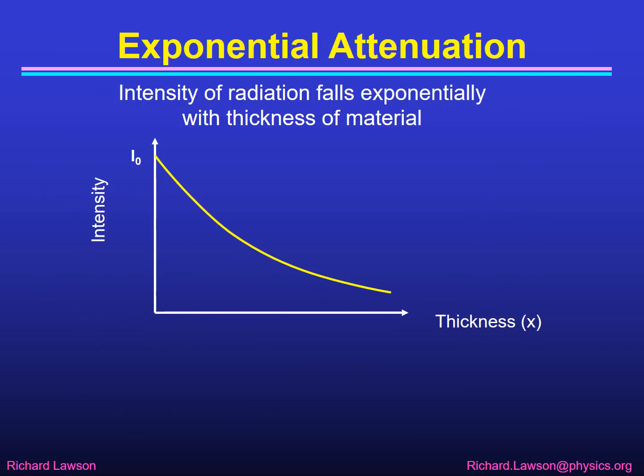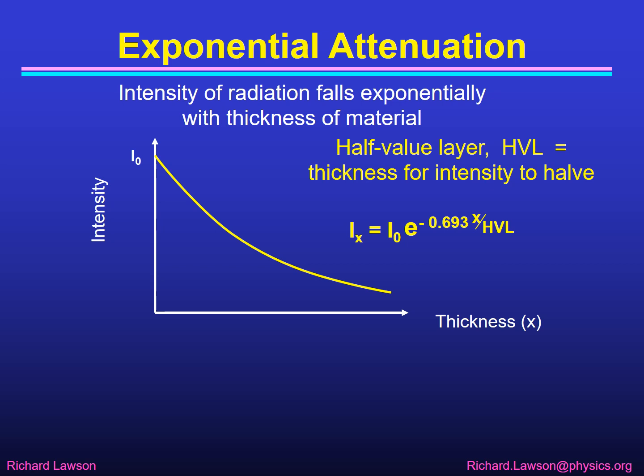So we have the situation of exponential attenuation, where the intensity of the radiation falls off exponentially with thickness of material, giving us a curve showing intensity of radiation against thickness falling like this. And we quantify that by the half value layer, which is the thickness required to reduce the intensity to 1/2 of its value.